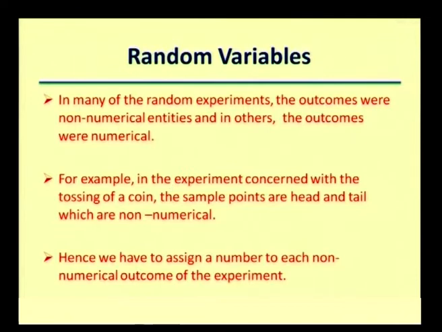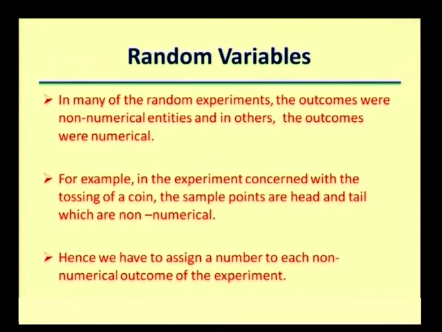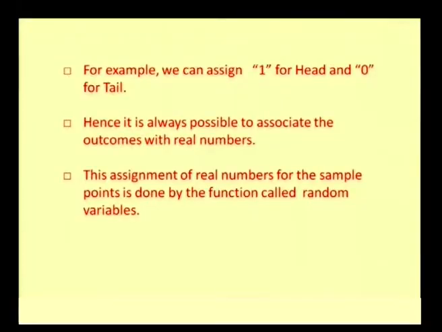If a coin is tossed, all of us know the sample space is head and tail, shortly represented as H and T. These H and T are alphabets and are non-numerical. Hence, we have to assign a number to this non-numerical outcome of this experiment. We may assign 1 for the outcome head and 0 for the outcome tail.